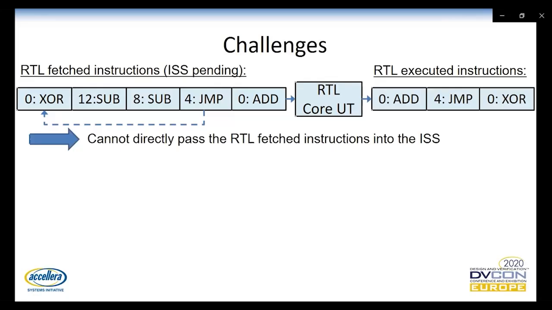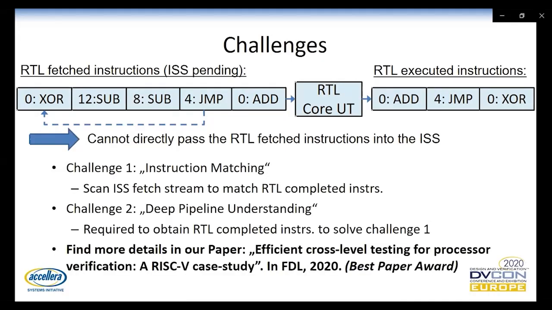As you can see, it is not possible to directly pass the fetched instructions to the ISS. It also does not work to search the fetched instruction stream using the ISS program counter because the same program counter can appear multiple times in the fetch stream. This instruction matching problem is the main challenge in applying our methodology.